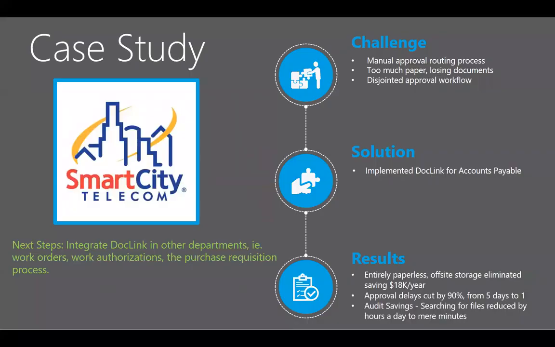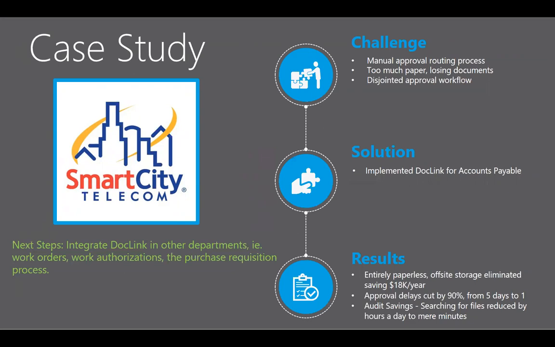So the accounting department was challenged with managing the approval and routing processes on a manual basis. Invoices were simply not moving quickly enough through their system, and the company needed a way to route invoices to the appropriate people, managers, directors, VPs, without the risk of losing important records in the process, and to receive those approvals back in a timely fashion.